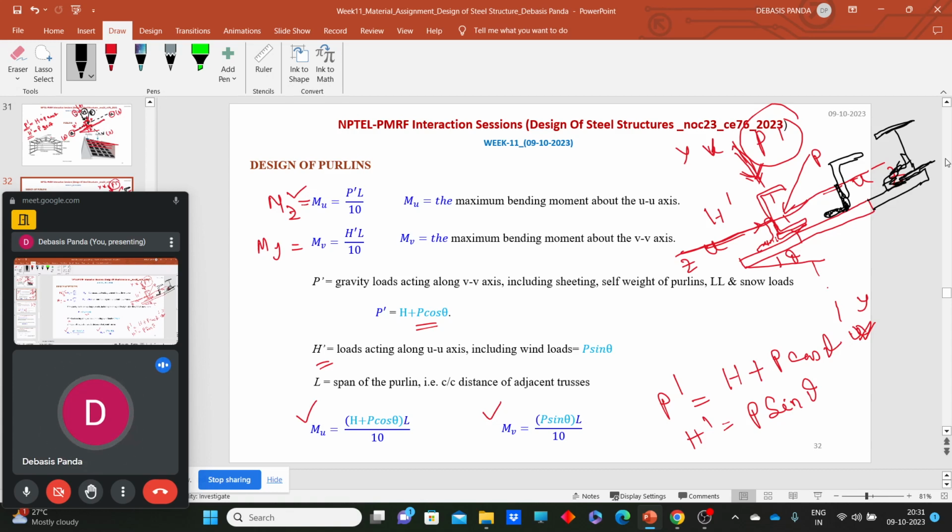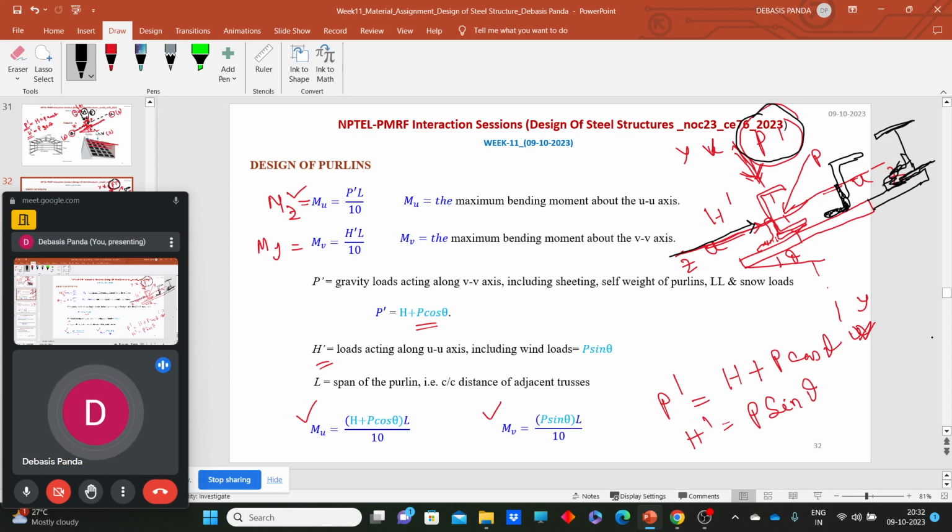So the thing is, we need to know about the two loads. One, the load coming to the purlin with respect to the YY axis, if we are considering the axis as reference frame, that is P dash, and the load from the horizontal side, or with respect to the UU axis.